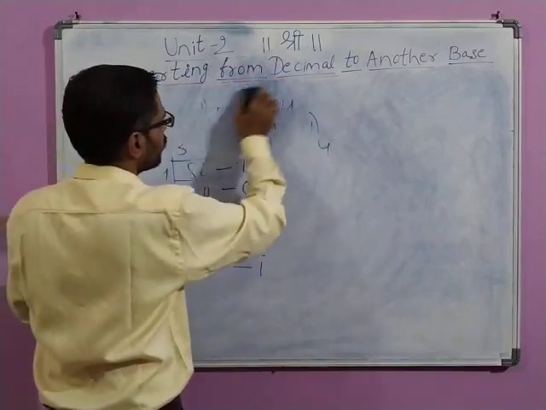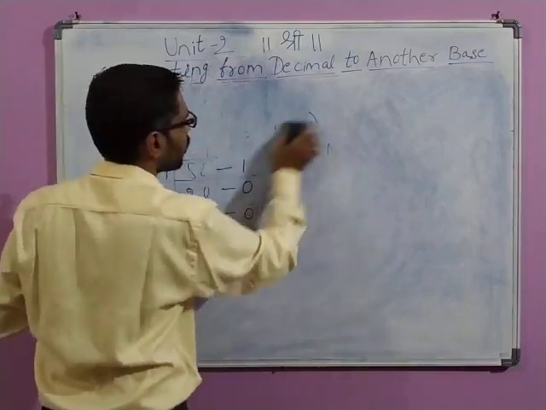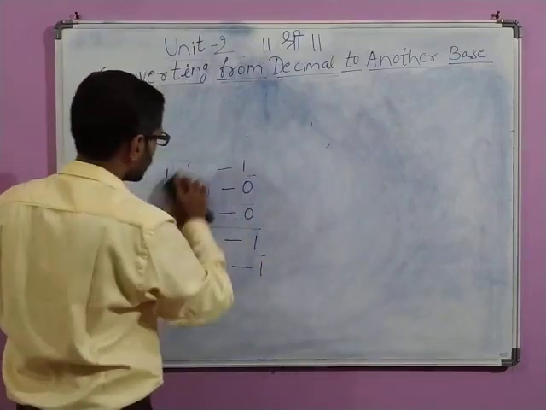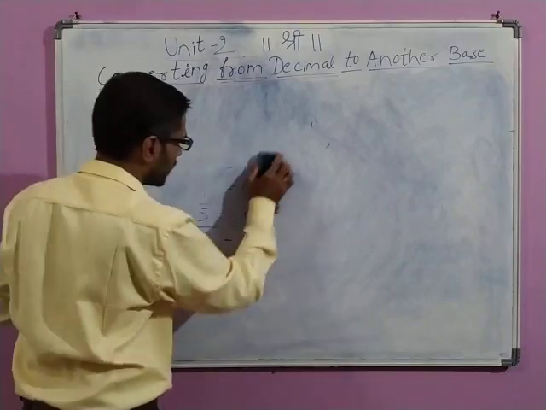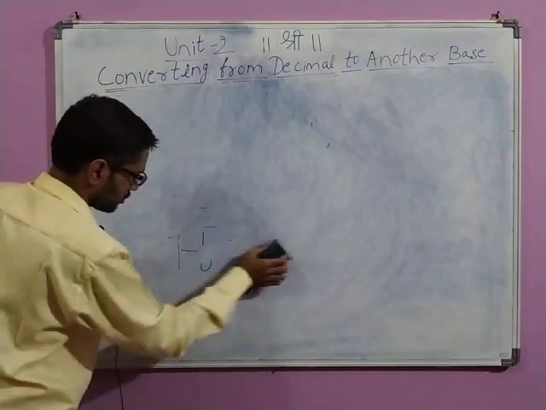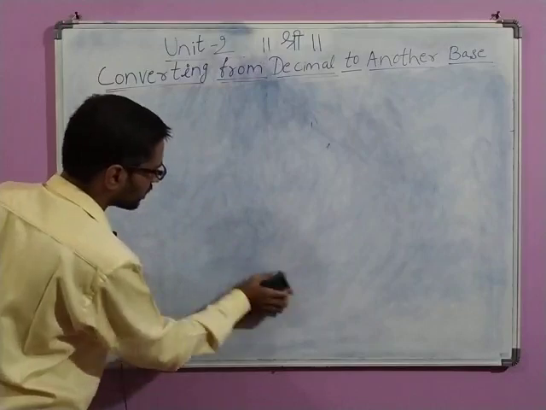If you go to the previous videos, we have already understood how to convert from another base to decimal. Now we are converting from decimal to another base, and I will show one example where we can verify the answer, as a proof that we have got the correct result.